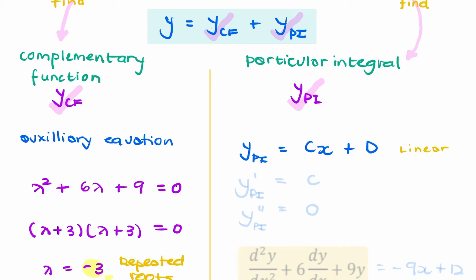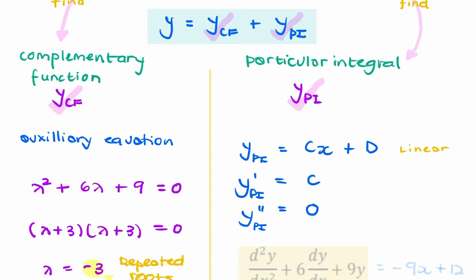So let's find the first and second derivatives of YPI. So YPI dash, our first derivative, is simply c, and the second derivative of a constant is 0.